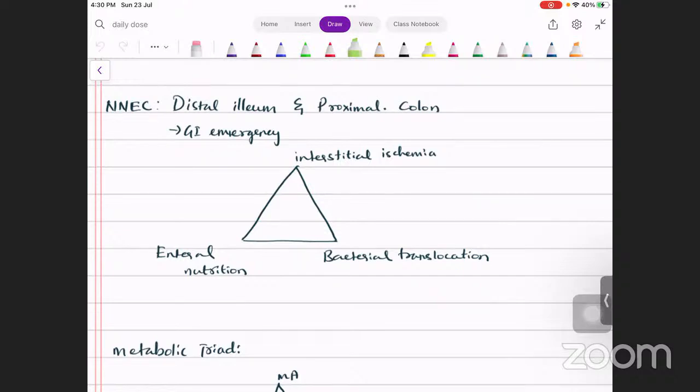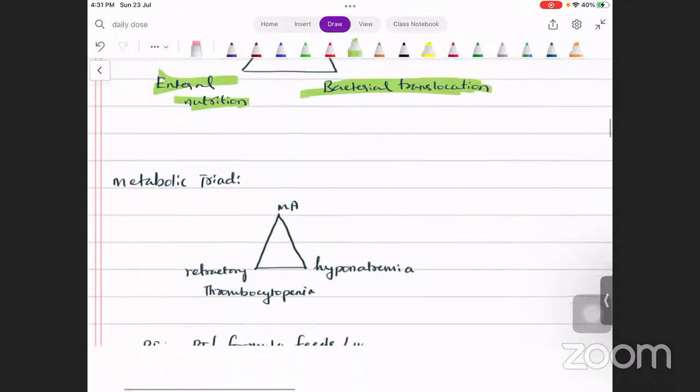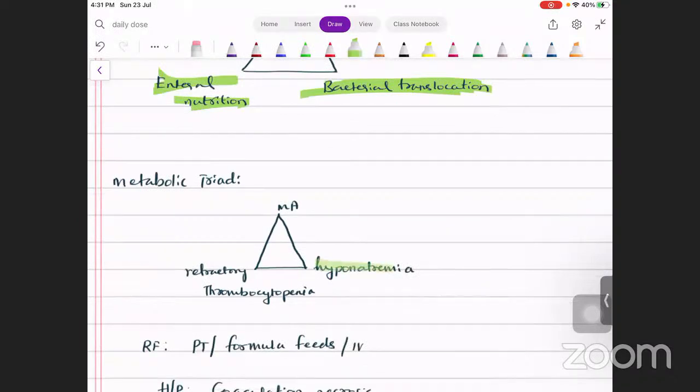Apart from that, NEC: distal ileum and proximal colon will be involved. Necrotizing enterocolitis is also a GI emergency, where the triad of intestinal ischemia, enteral nutrition, and bacterial translocation you may see. You may also see a metabolic triad in an NEC patient: metabolic acidosis, hyponatremia, and refractory thrombocytopenia.